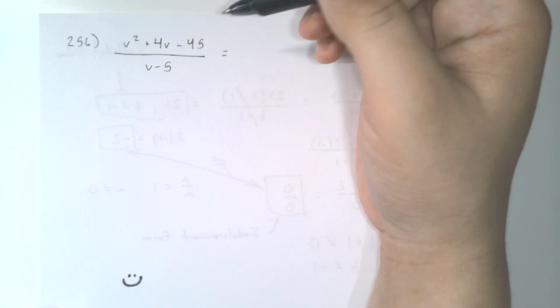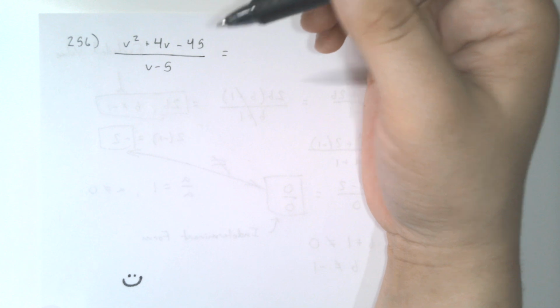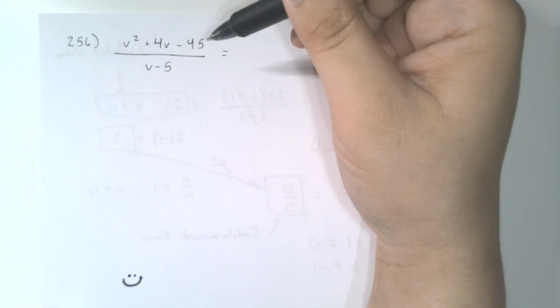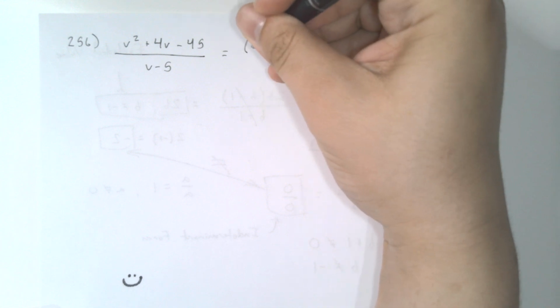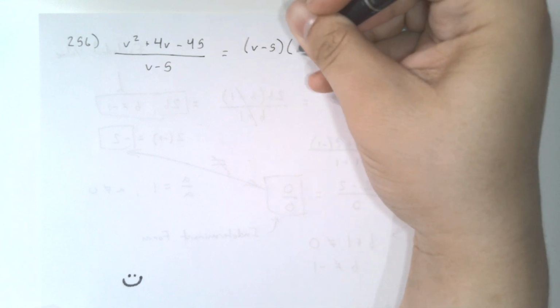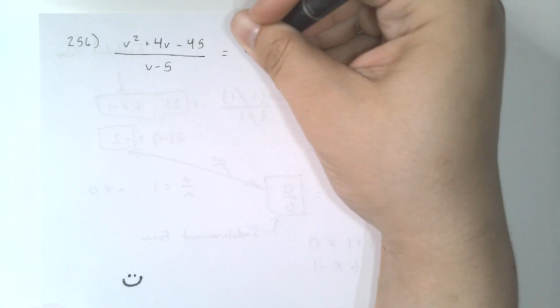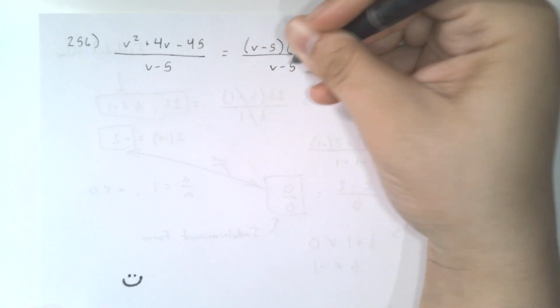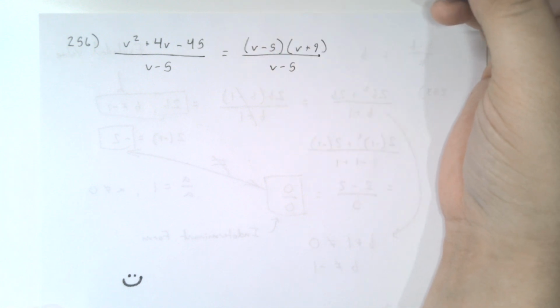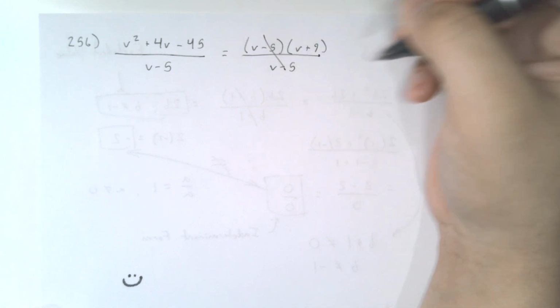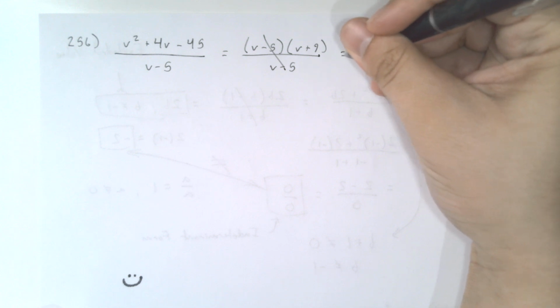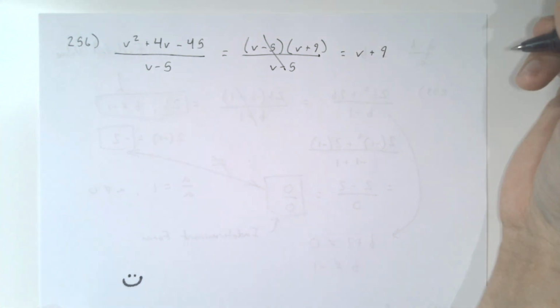If we have 9, negative 5 times 9 is negative 45, and negative 5 plus 9 is 4. So we have v minus 5 times v plus 9, all divided by v minus 5. We have common factors of v minus 5, so that cancels, and this is equal to v plus 9.